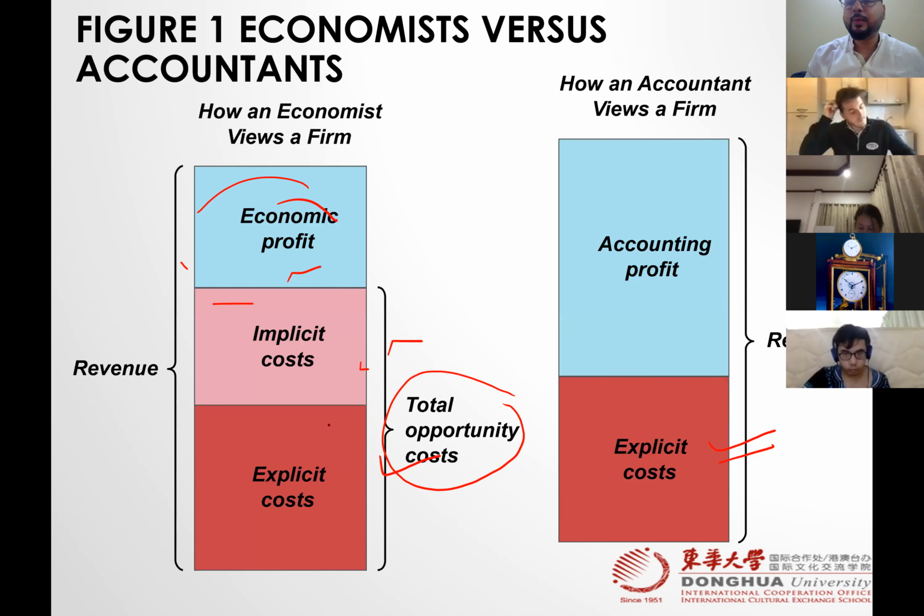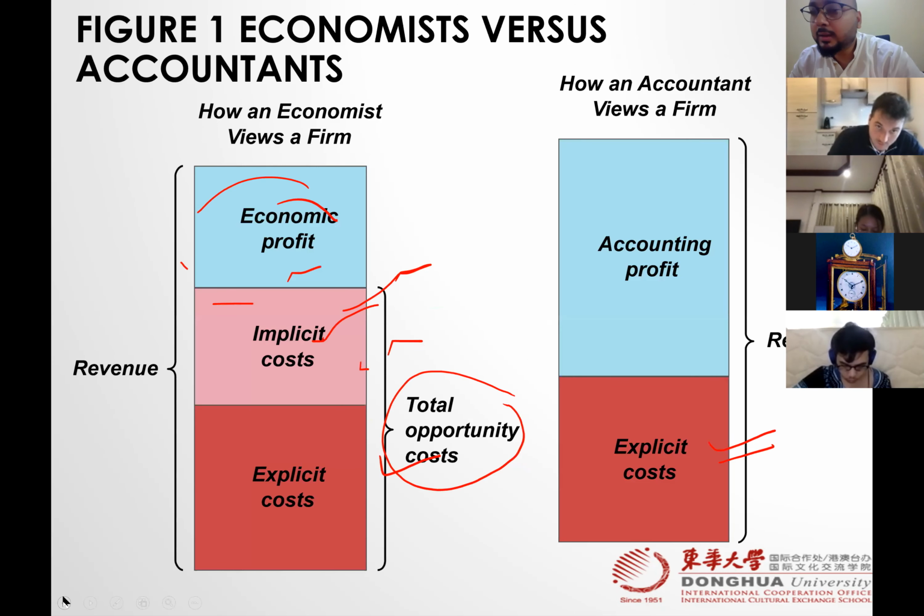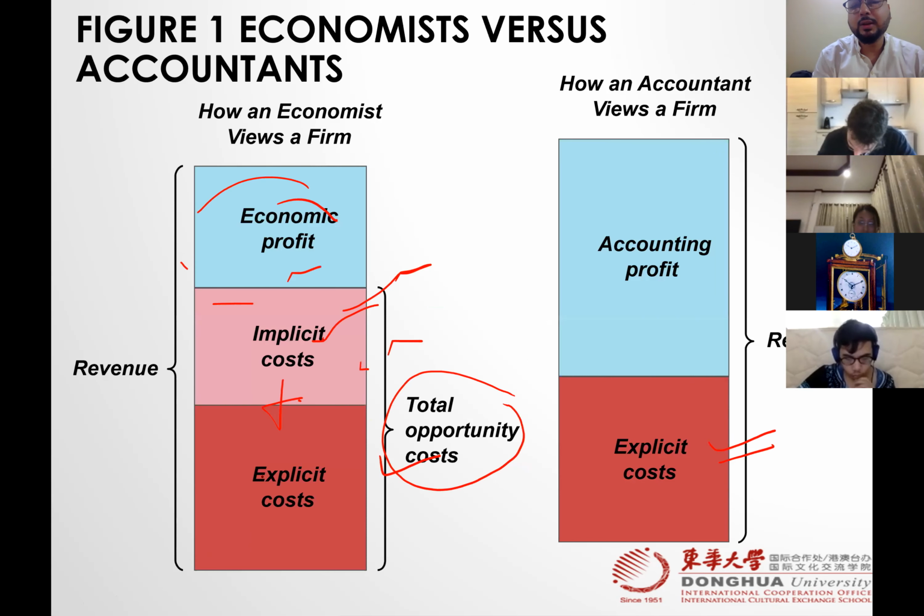So remember, if the question simply says opportunity cost, it means we are talking about implicit cost. Foregone investment, foregone opportunity, that is implicit cost. When the question says total opportunity cost, we include both explicit and implicit. Understand?